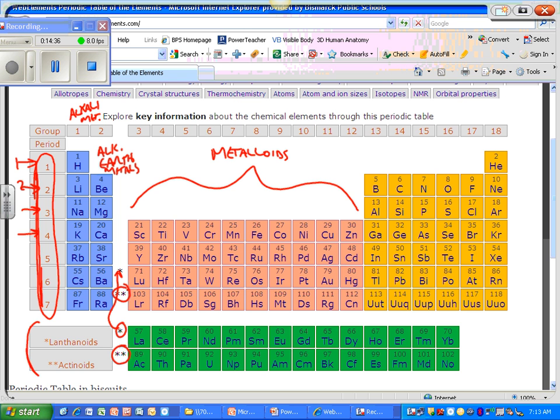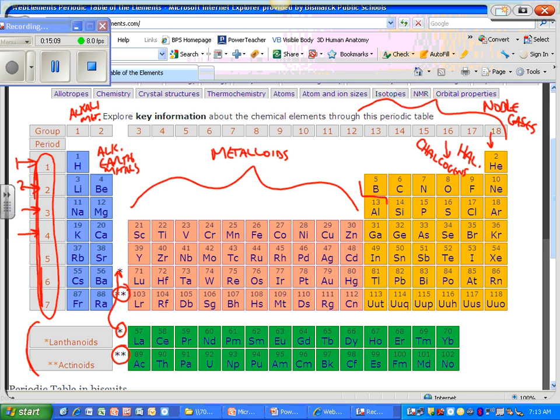Okay, these are going to be our non-metals. I guess that's what we could just say here. These are our non-metals here, but this column number 18, these are our noble gases. They don't really have much to do with one another. Here's our halogens. And one that I always add in is the chalcogens. That's column 16.